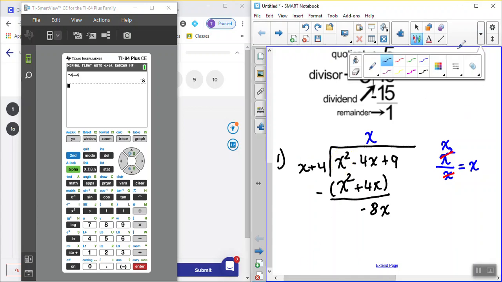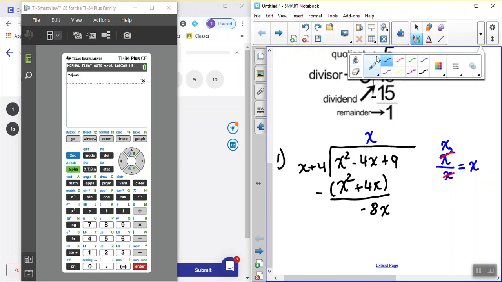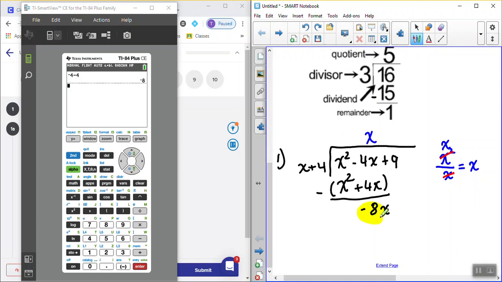Now what I'm going to do is take this 8x. Oh, I don't want my eraser, I want a highlighter. What I'm going to do is take this negative 8x and divide it by x. Okay, and I'm going to do my work on the side here.